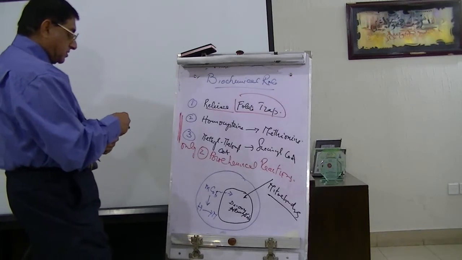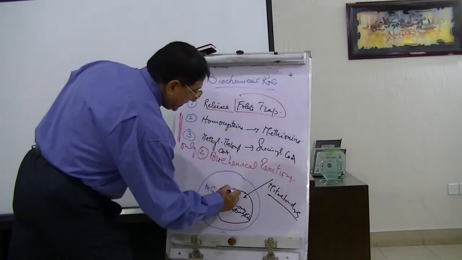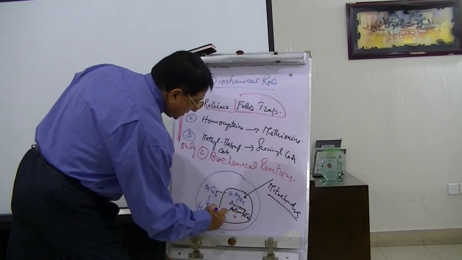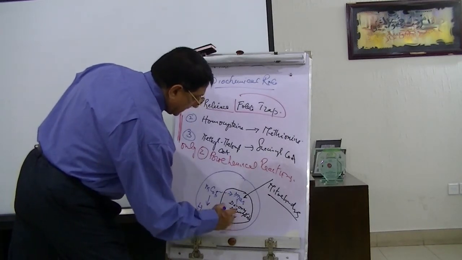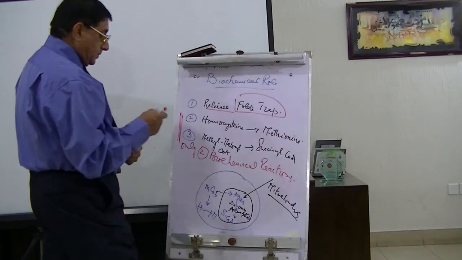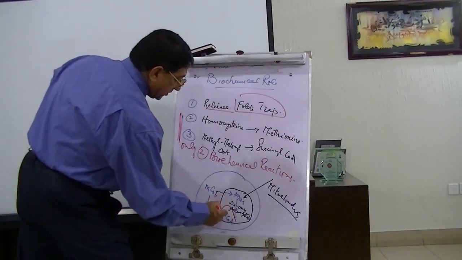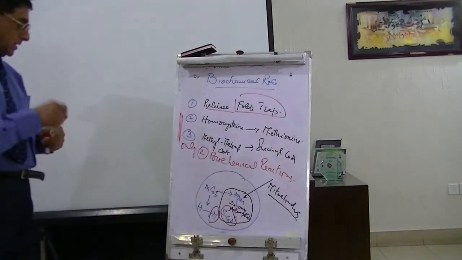Deoxyadenosyl causes the conversion of methylmalonyl CoA to succinyl CoA. So, one, it helps in the formation of methionine. Second, it helps in the formation of succinyl CoA.